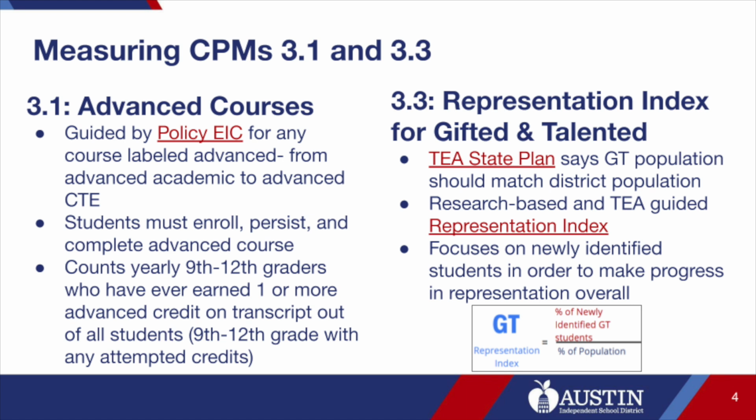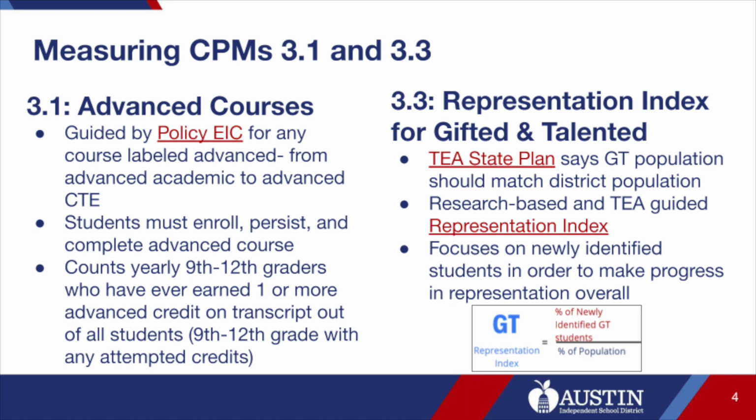This includes multiple program areas from advanced placement, AP, to advanced CTE courses that are part of articulated credit. In order for a student to be included as part of the numerator, the student must enroll, persist, and earn credit in the advanced course. The percentage is out of all 9th through 12th grade students who have ever earned 1 or more credit.